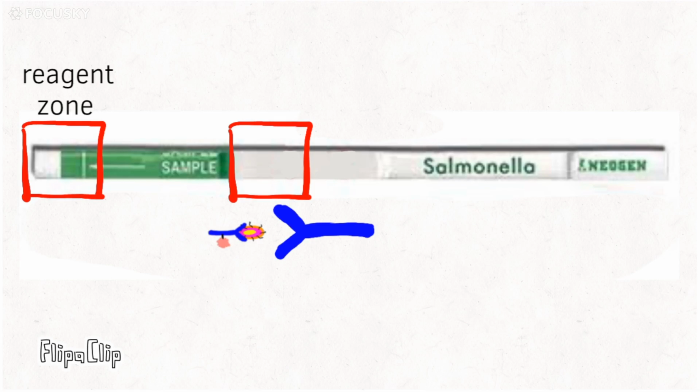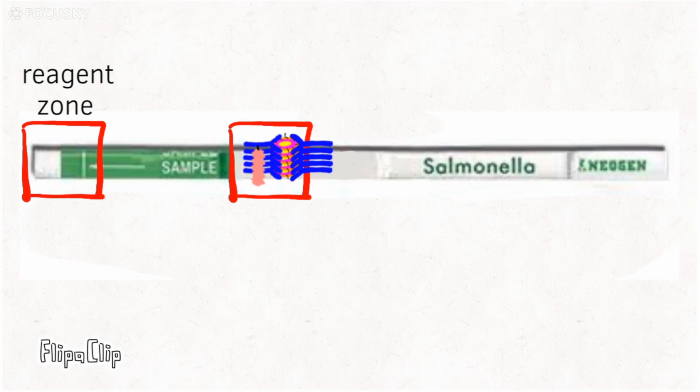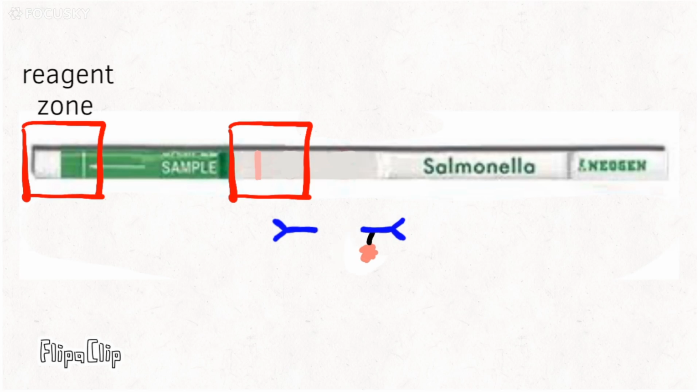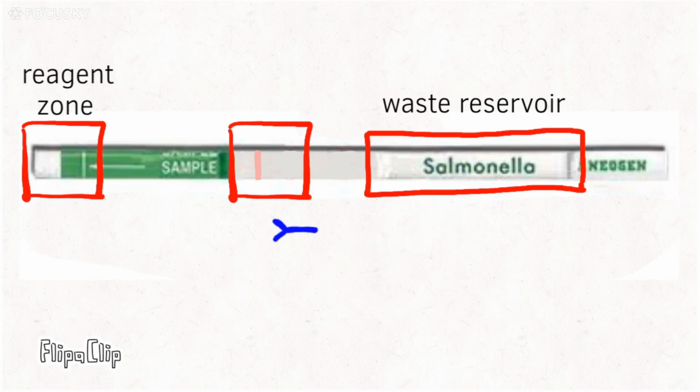Those antibodies are fixed and ready to capture the immune complex with gold conjugate. The gold conjugates aggregate in this zone, forming a visible line. The gold conjugates that do not bind with Salmonella antigen will continue to migrate to the end of the device, where they're deposited into a waste reservoir.